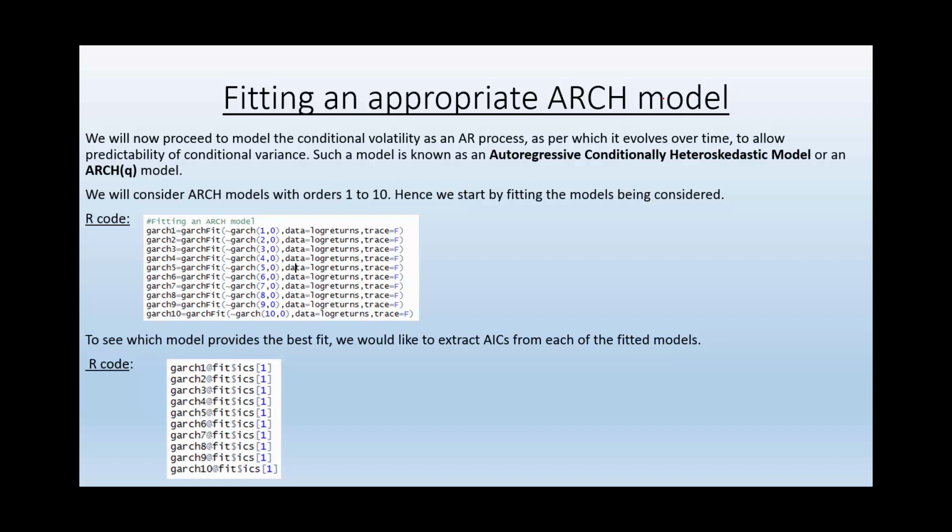So fitting an appropriate ARCH model, how do we do that? We'll now proceed to model the conditional volatility as an AR process to allow predictability of conditional variance, such as the autoregressive conditional heteroscedastic model, or in short known as the ARCH(q) model. It has only one parameter, q.